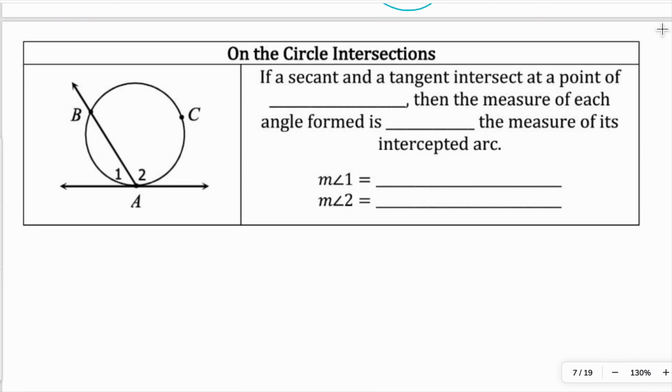All right, next, on the circle intersection. If a secant and a tangent intersect at a point of tangency, then the measure of each angle formed is exactly half the measure of its intercepted arc. The measure of angle 1 is intercepting the arc from A to B, so we just take half the measure of arc AB.